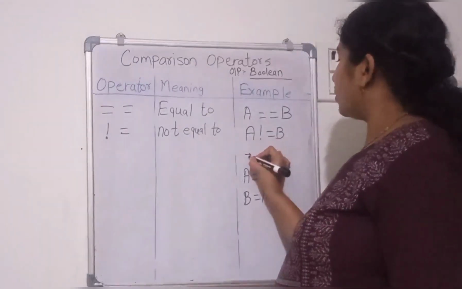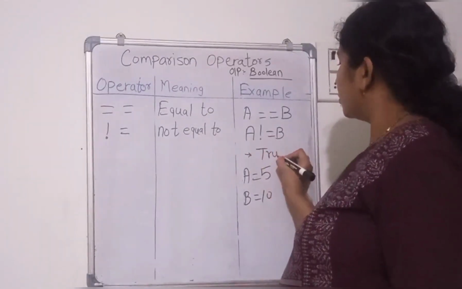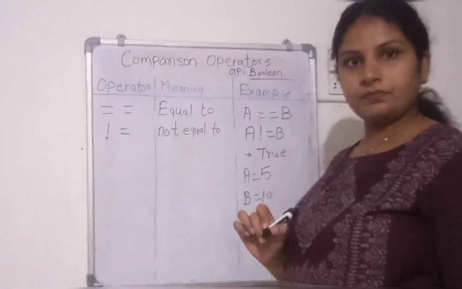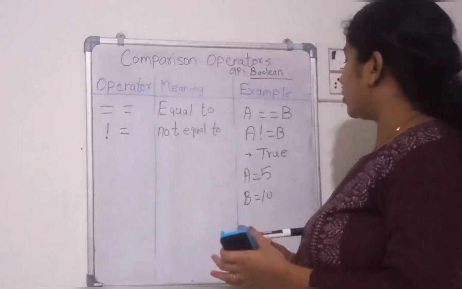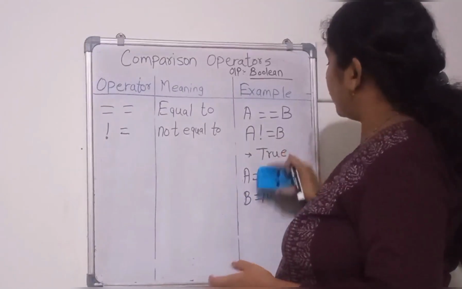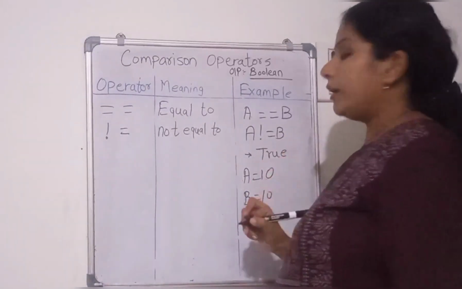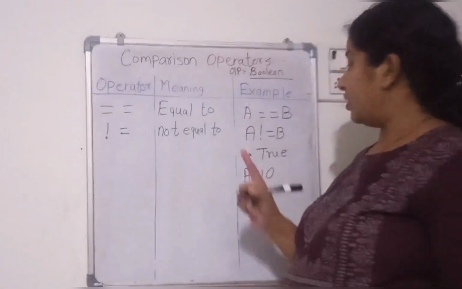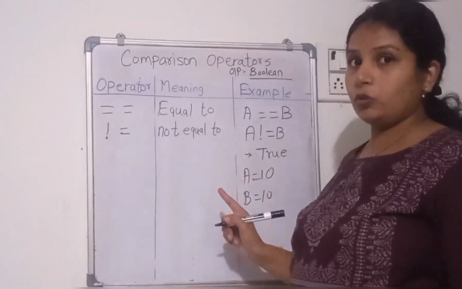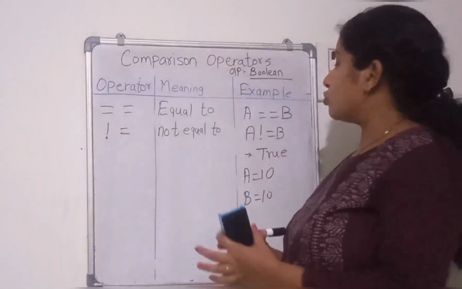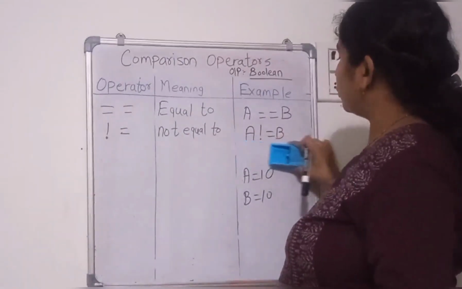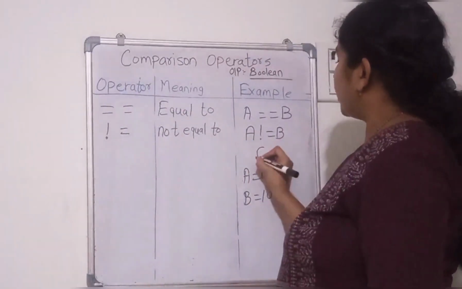So the output for this statement is true, right? Because those are not equal. That's why the output is true. And suppose A equal to 10 and B also equal to 10. So actually these values are equal, but we are checking A is not equal to B. So in this case, both values are equal, so our output is false.